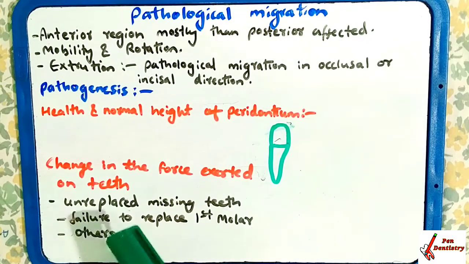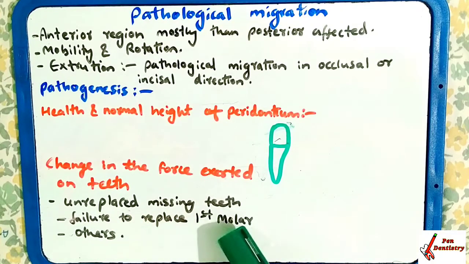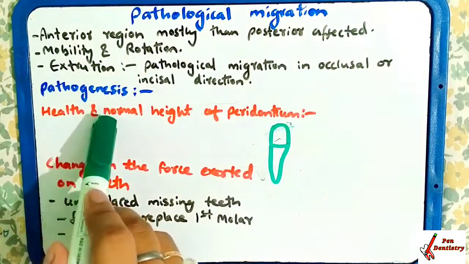The second one is change in the force exerted on the teeth. If there is a migration, what kind of force is exerted on the teeth? Whether it is unreplaceable missing teeth, or failure to replace the first molar, or other causes.